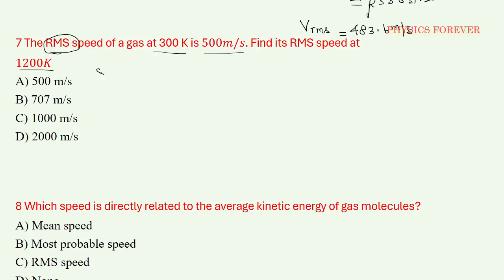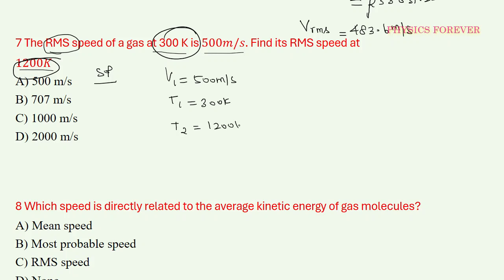The velocity V1, the root mean square speed of a gas at 300 Kelvin, is 500 meter per second, and the temperature T1 is equal to 300 Kelvin. Find its root mean square speed at temperature T2, 1200 Kelvin. Then we have to find out V2.